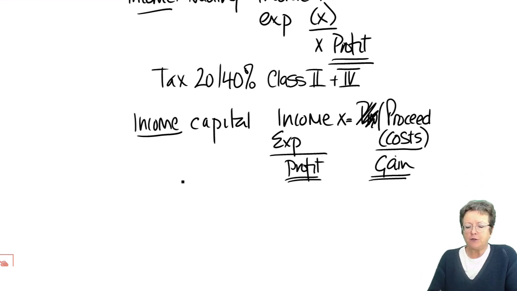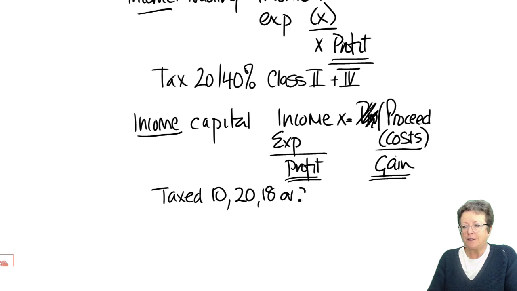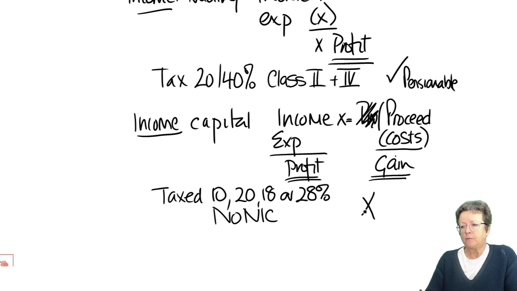Also, this could be taxed at, I'll wait for it, 10, 20, 18 or 28%. Yes, 4 different rates. There's no NIC. This is pensionable, and this is not.